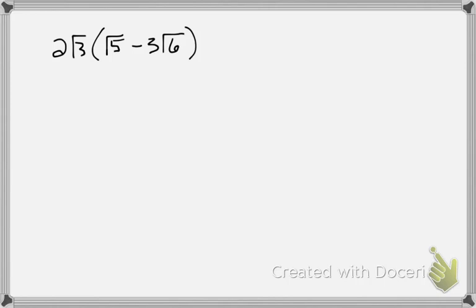Once again, we will distribute. And that gives me 2 square root of 15 minus 6 square root of 18. Do you guys see how that happened? Yeah. All right.